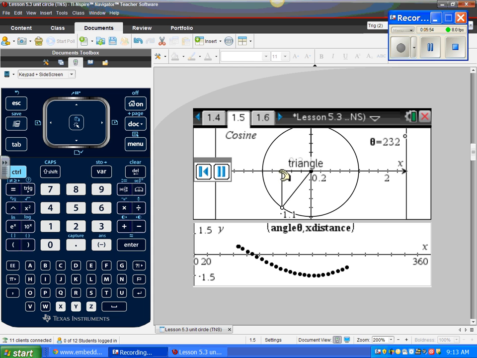Notice it's getting smaller and getting closer to 0. Here's 0. And then it's getting bigger and closer to 1. So where does our function start? We're starting here. At 0 degrees, 1. When does it hit 0?